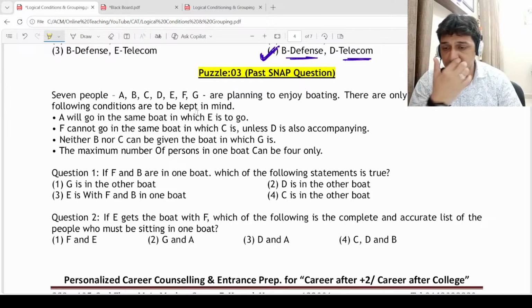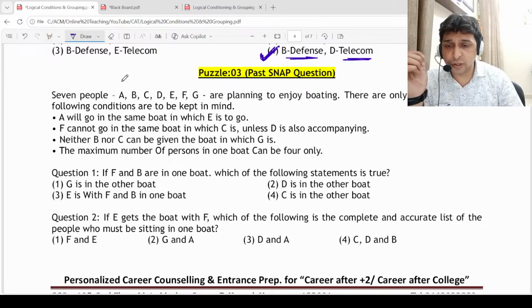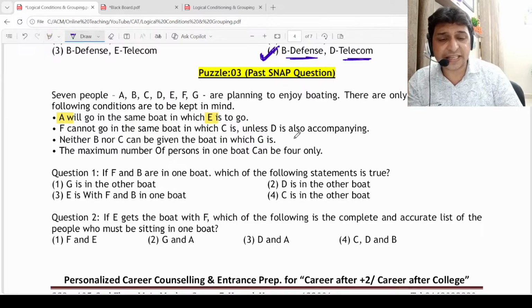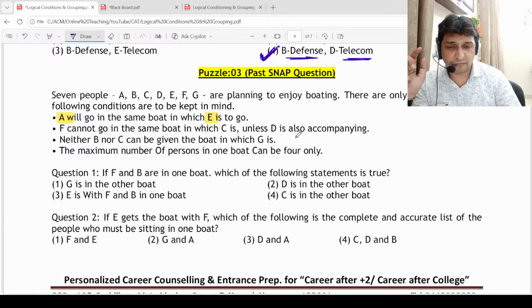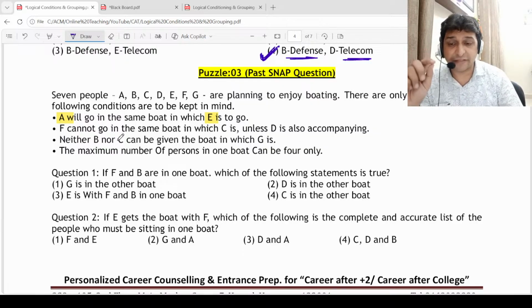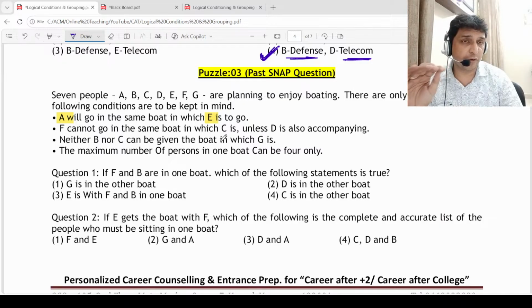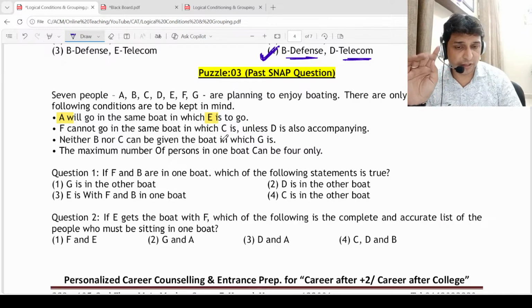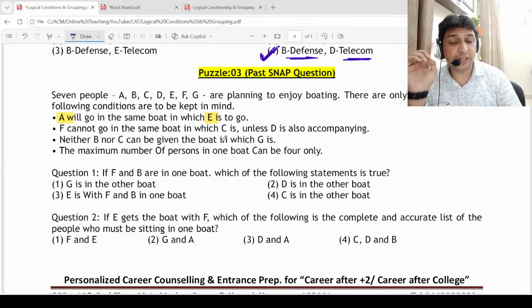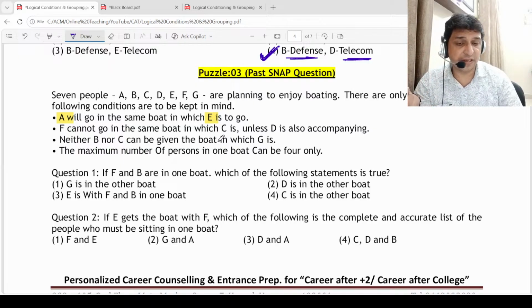A will go in the same boat in which E is to go, so A and E will be together. F cannot go in the same boat in which C is, unless D is also accompanying. So F will not go into the boat where C is, unless D is there.